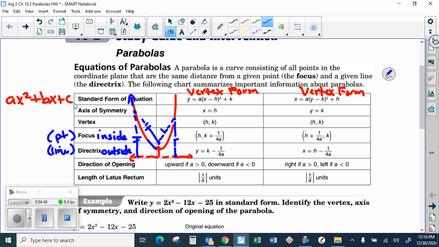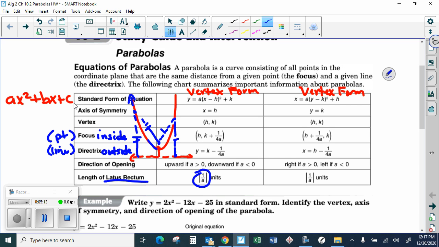Okay, the direction of the opening, I already told you, if a is greater than 0, opens up, less than 0 opens down. In this form, a greater than 0 is to the right, and negative to the left. Okay. The length of the latus rectum is the absolute value of 1 over a.